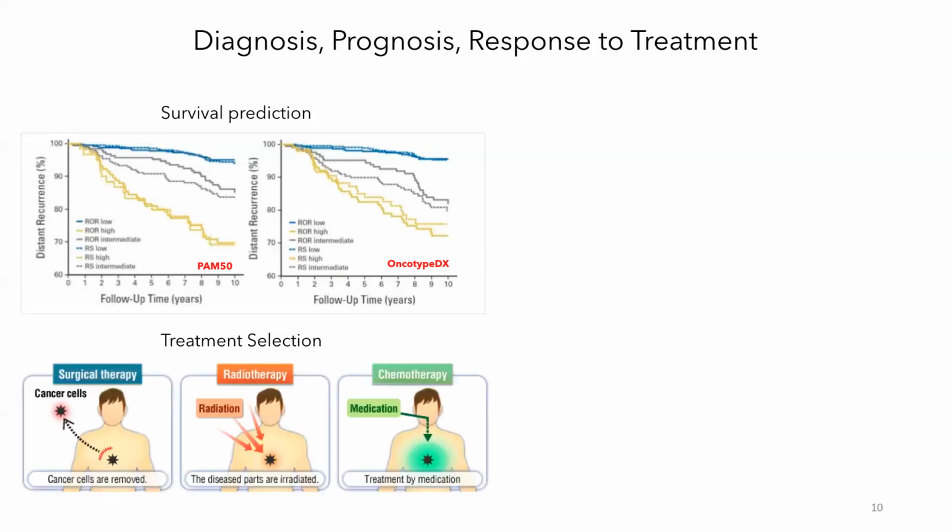So the second aspect of the use of these panels is to select treatment. And so when we select treatment, we have the standard therapies, surgical therapy, right? So for example, one of the questions might be, how much surgery is needed? Do you need to remove the whole organ, a large part of the organ, or just a localized surgery?